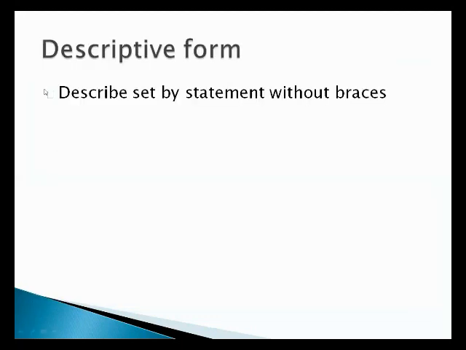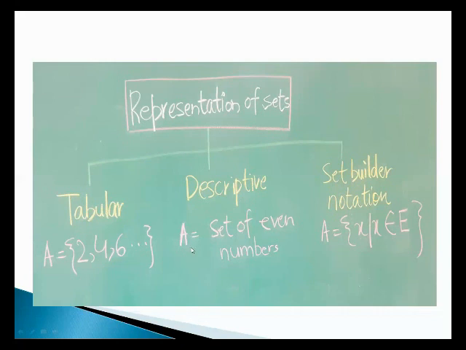Now in detail we will see what is meant by descriptive form. According to the definition, it describes a set by a statement without braces. As you have seen here, set A in descriptive form is set of even numbers, meaning we have described the set in the form of words or a statement.